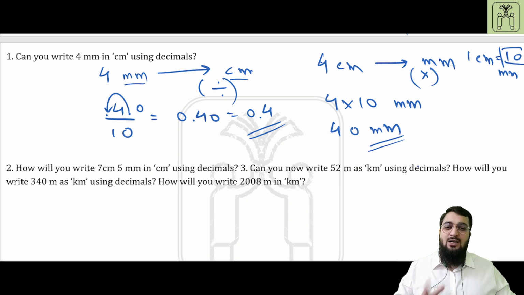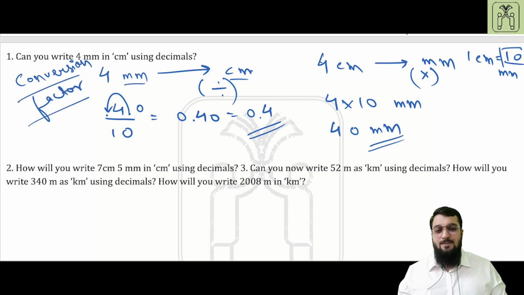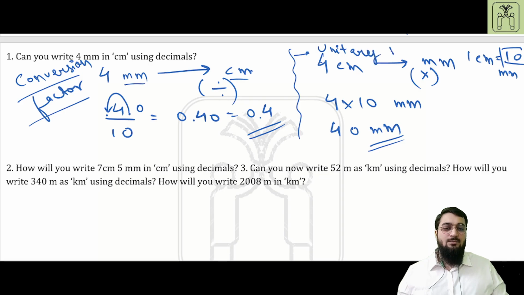The unitary method and this method, which is the conversion factor method. The method which was mentioned previously was the unitary method.